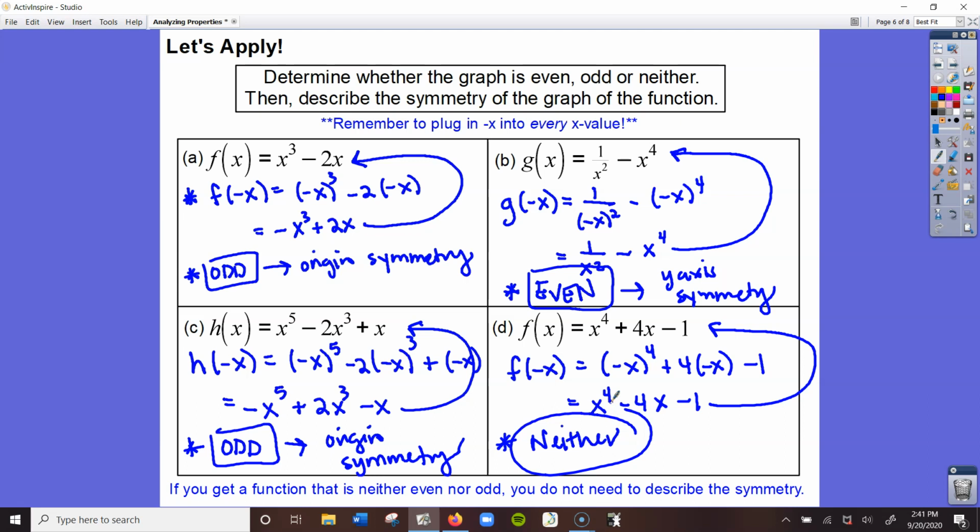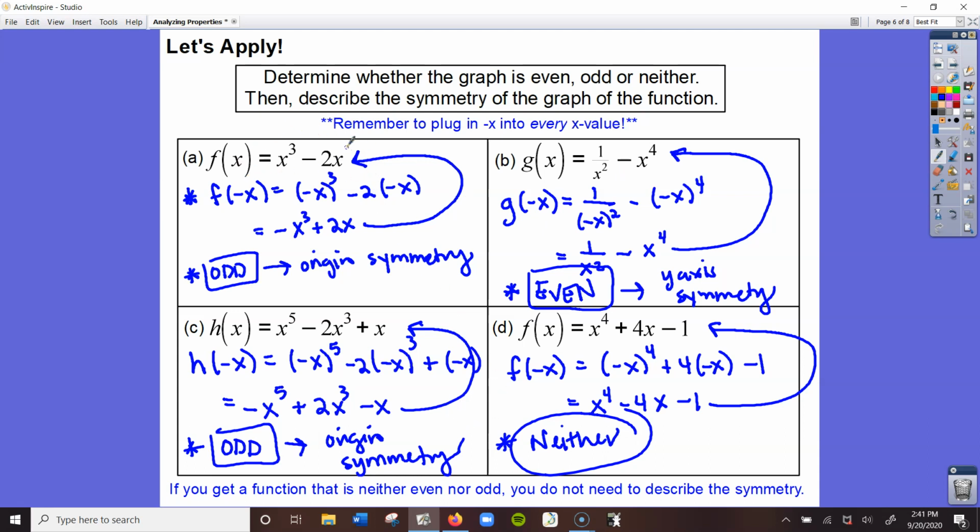Now, a quick shortcut that you can apply when you can would be if you have polynomial type functions such as these, and you look at the exponents, if every single term has a variable such as in a, b, and c, every single one has an x value in it. And if, let's say, for example, in a, you see how all of the exponents are odd.